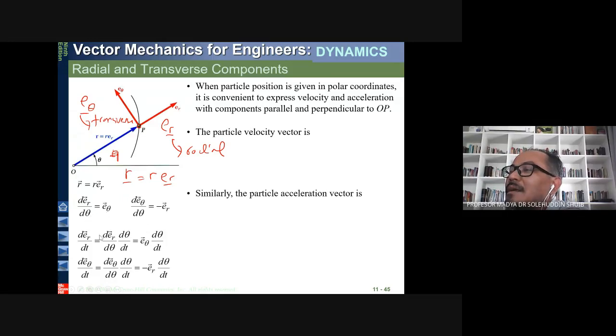Then you differentiate with respect to time, you use the chain rule: der/dt equals der/dtheta times dtheta/dt. Same thing here, de theta/dt equals de theta/dtheta times dtheta/dt. So you get e theta times dtheta/dt, and then minus er times dtheta/dt.